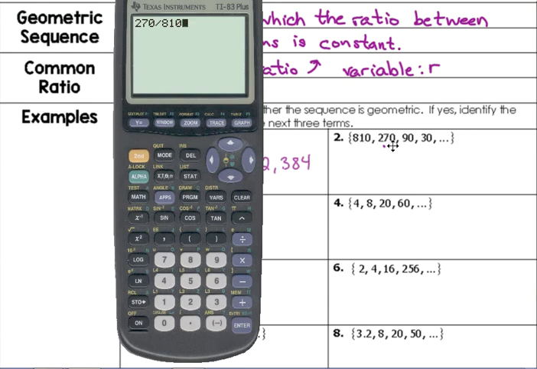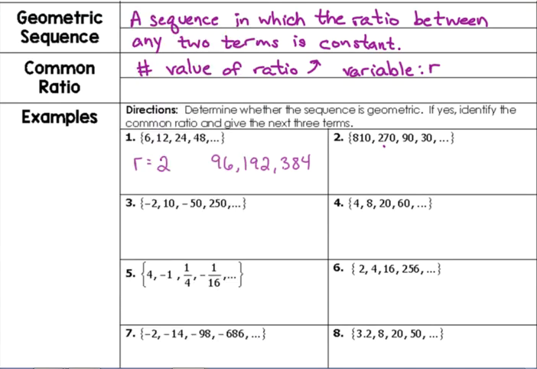So I'm just checking it. I'm taking this term and dividing it by the previous term, and that does give me 1/3. If I do the next one, 90 divided by 270, that gives me 1/3. 30 divided by 90 would give me 1/3. So our common ratio here is 1/3.